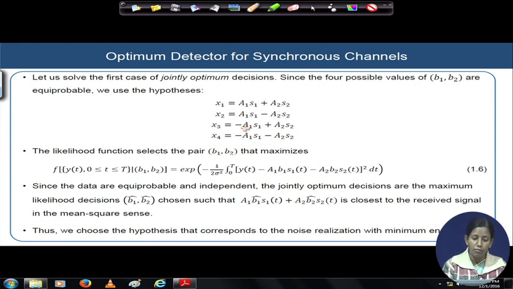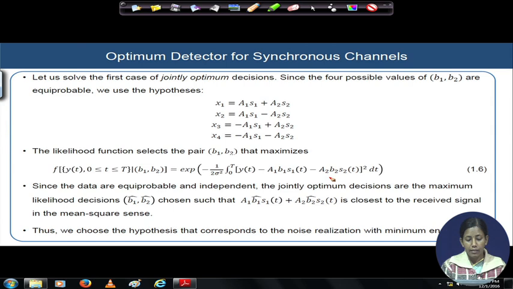So, for every situation we have assigned one hypothesis, and the likelihood function should select a pair of B1 and B2 such that the pair maximizes equation 1.6.